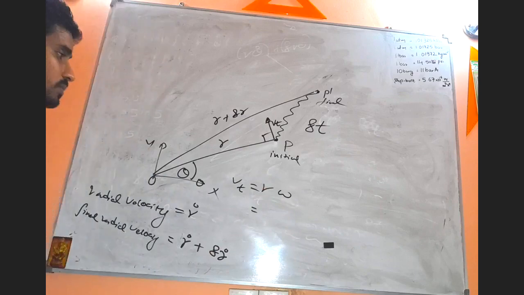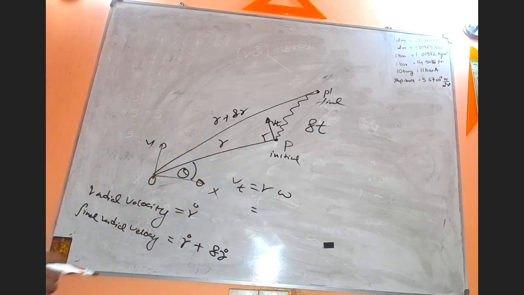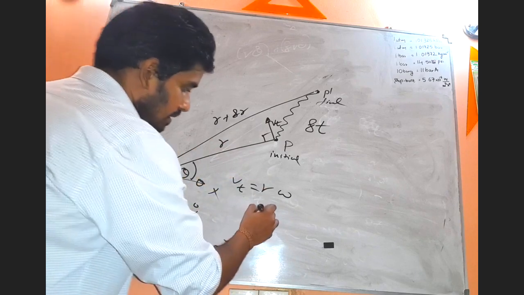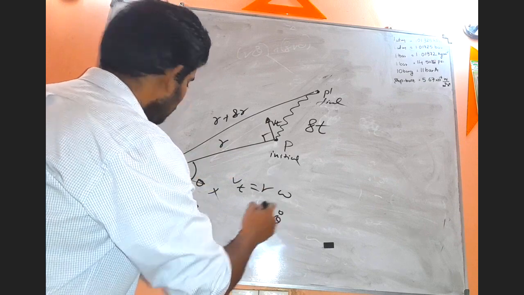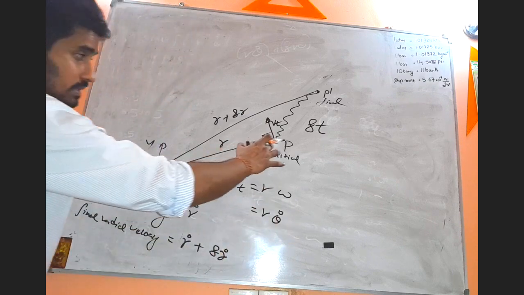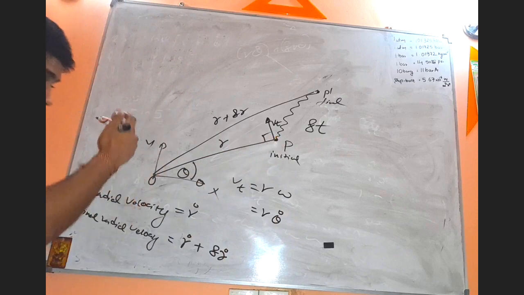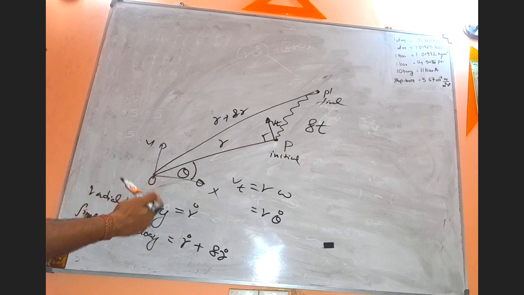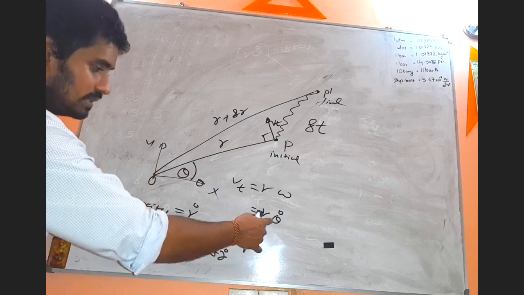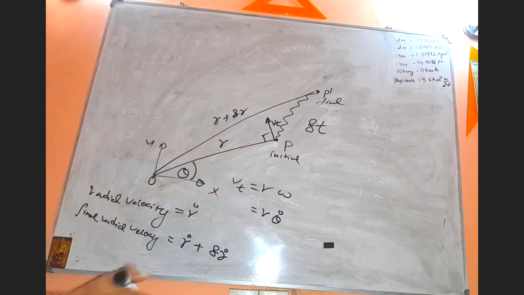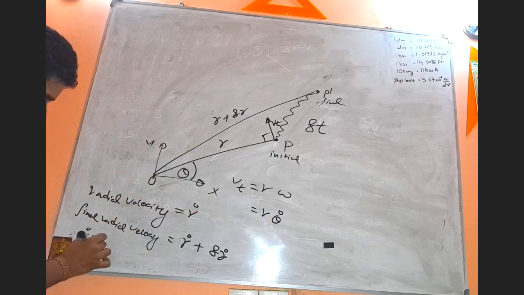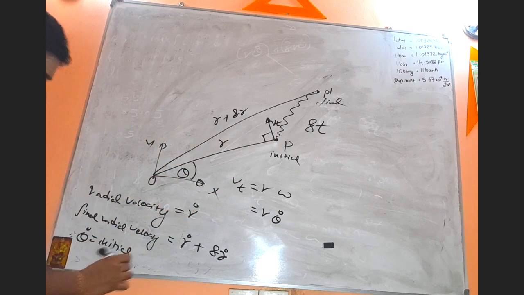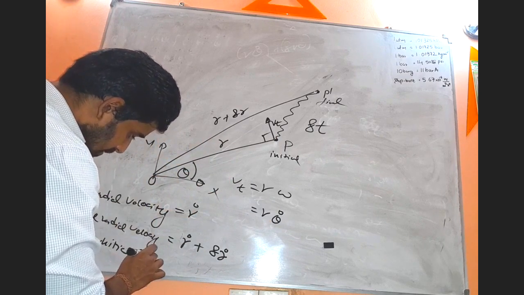According to this initial situation, it will be r times theta dot, because this initial position P is making an inclination of theta with respect to the horizontal. So this theta dot is the initial angular velocity.